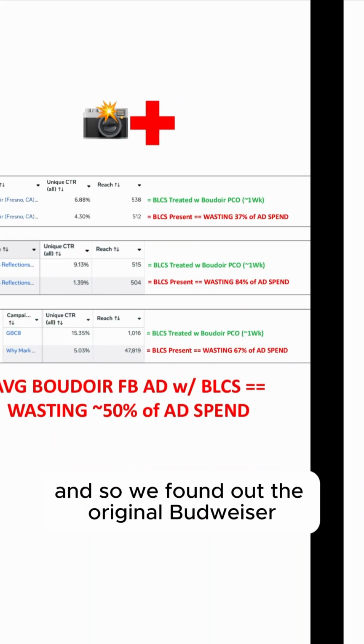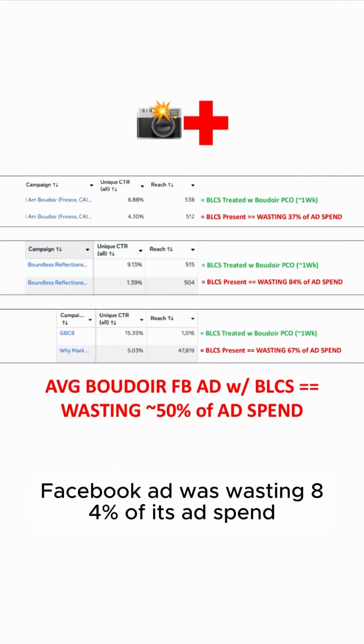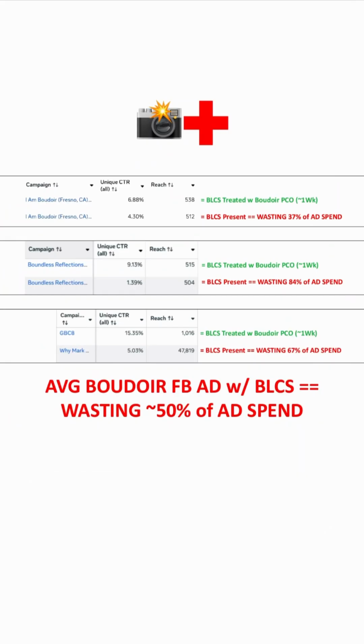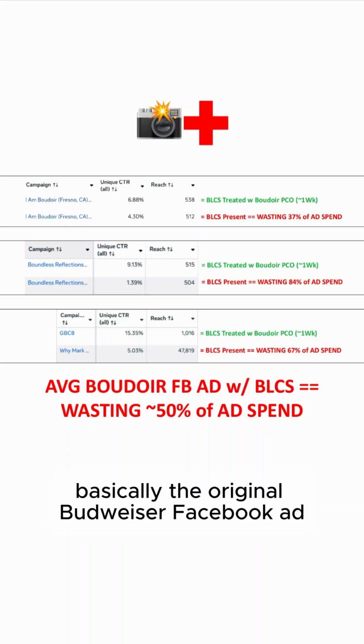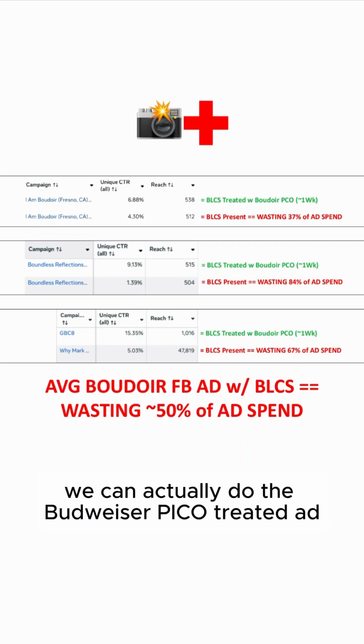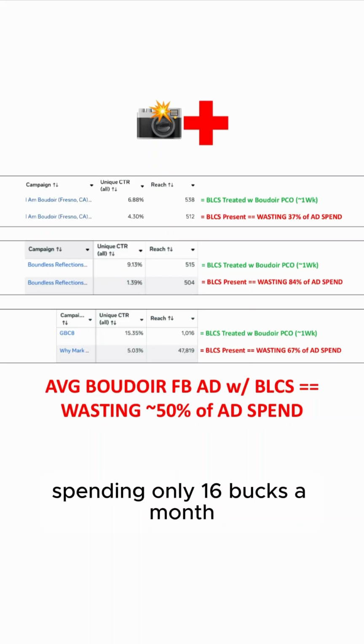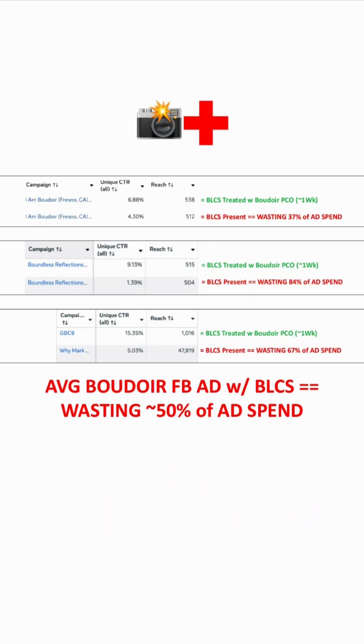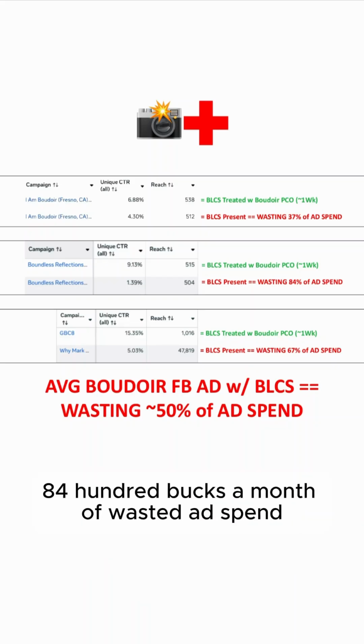And so we found out the original Boudoir Facebook ad was wasting 84% of its ad spend. Basically, the original Boudoir Facebook ad spent 10 grand a month. Instead of doing that, we can run the Boudoir Pico treated ad spending only 1,600 bucks a month. So what are we doing here? Eliminating that 8,400 bucks a month of wasted ad spend and pocketing it.